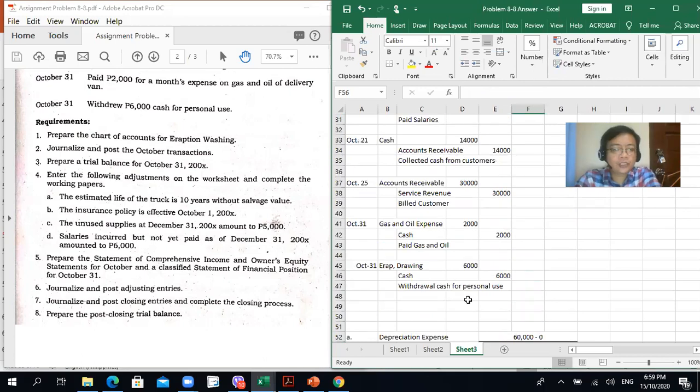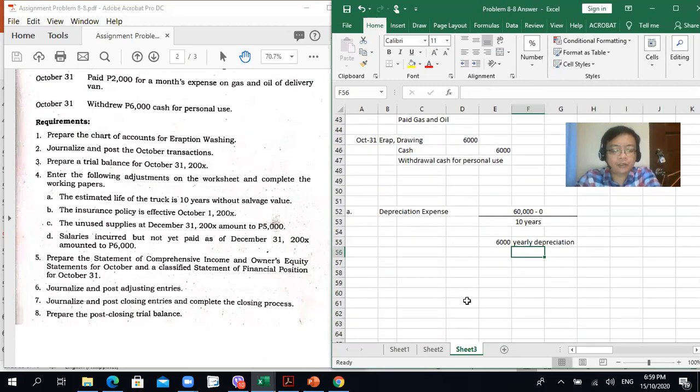You bought it on October 5, so we assume it is on October 1. So October, November, December, we have 3 months.